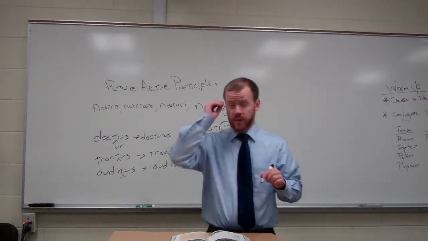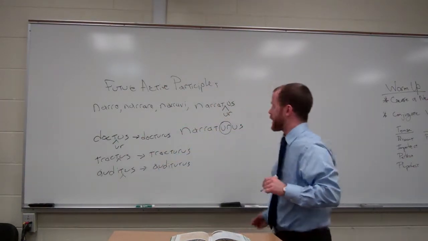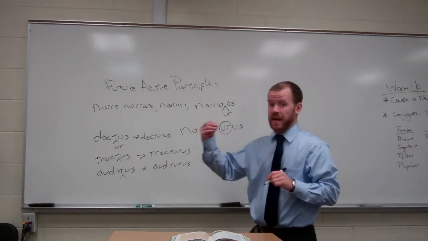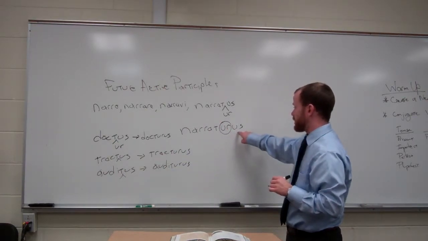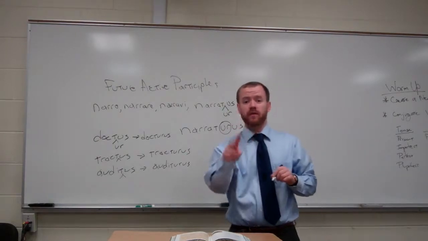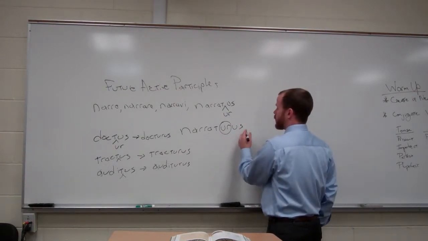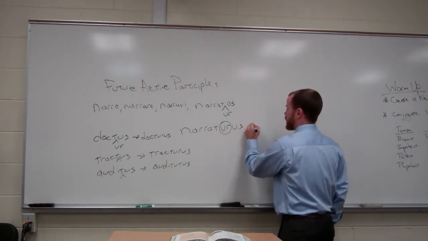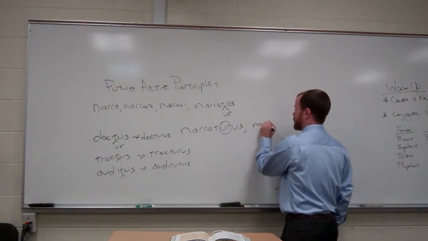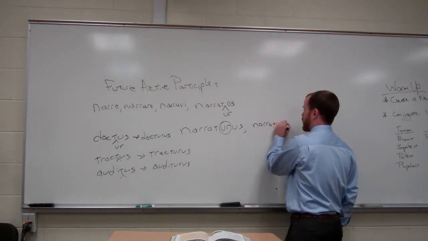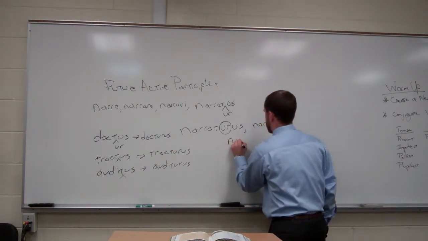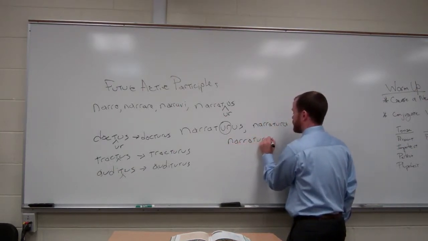Now, I'm just giving you a shorthand for this. Really, hopefully by this point you recognize that since these participles are adjectives, since this adjective ends in US, there's going to be two other forms in it. But we've just kind of given a shorthand right here. So really the full form is naraturus, naratura, naraturum.